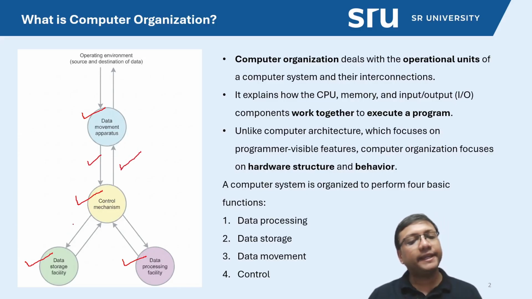A similar bidirectional connection exists between the data storage facility and the control mechanism, and at the same time between the data processing facility and the control mechanism. So a computer is such a device where data processing, data storage, data movement and the control unit interact with each other in a bidirectional manner.